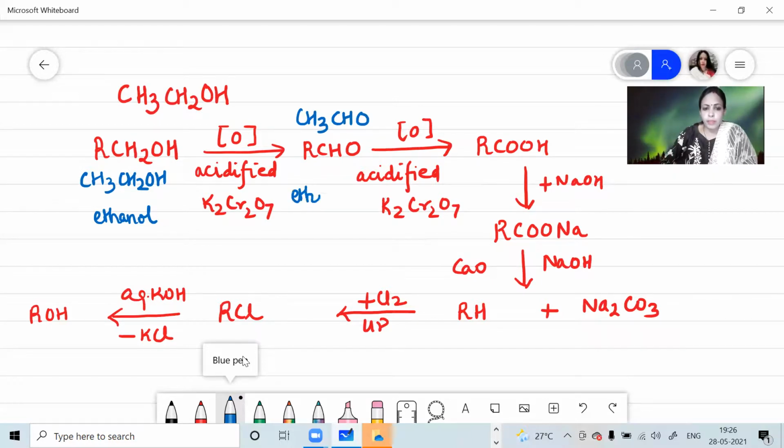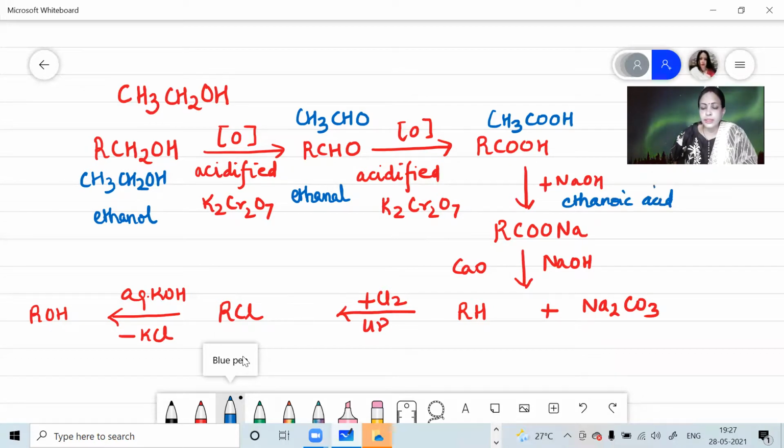So it will form ethanal. Now this ethanal will again undergo the process of oxidation. Again it will be treated with acidified K2Cr2O7 and it will give a carboxylic acid which is CH3COOH. Commonly it is known as acetic acid. It is a vinegar, but the IUPAC name is ethanoic acid.